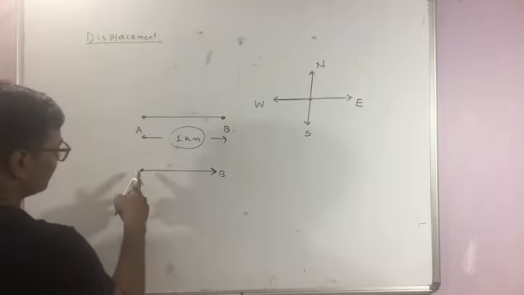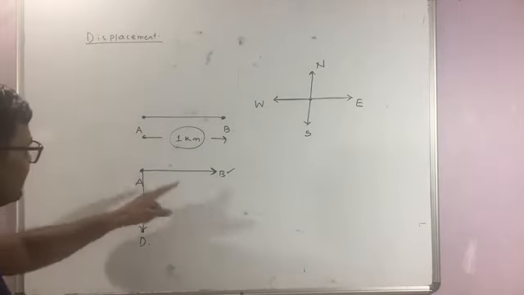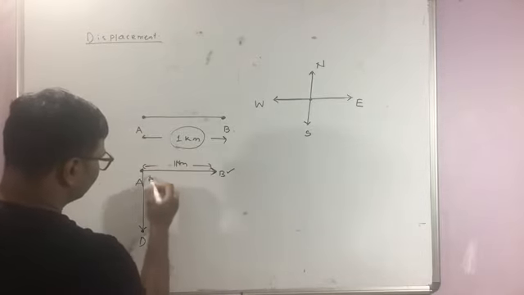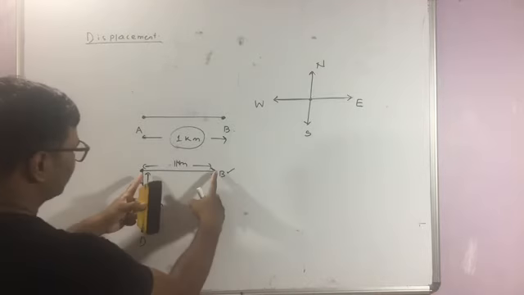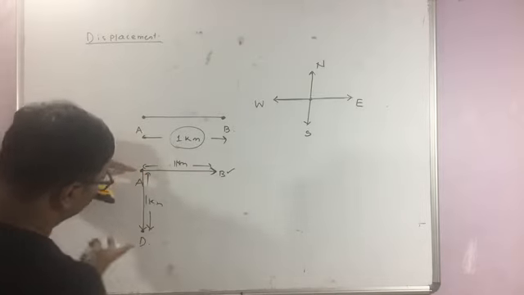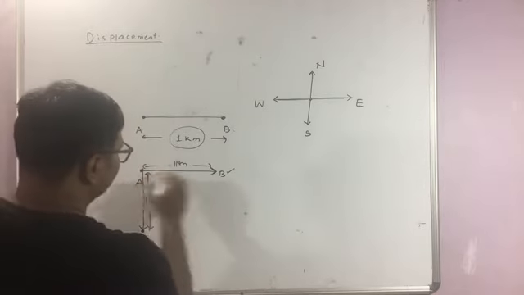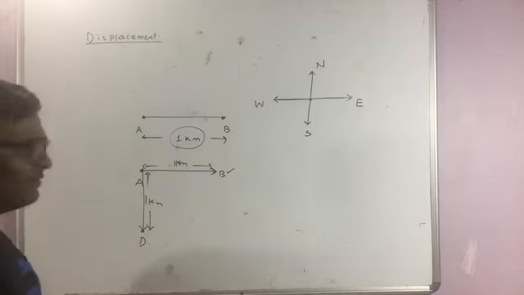B and D are not the same point, though this length is 1 kilometer and this length is also 1 kilometer. The length of the path is the same, but the directions of your displacement are different.